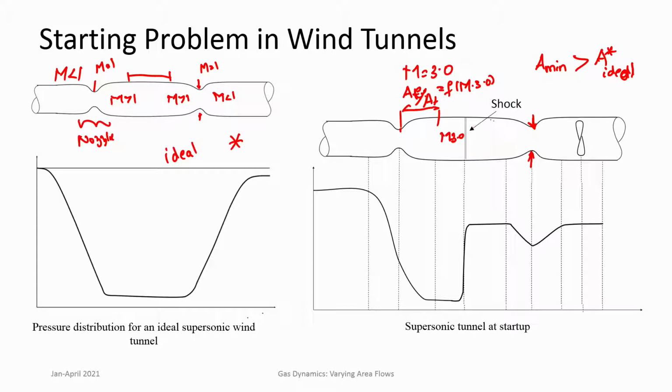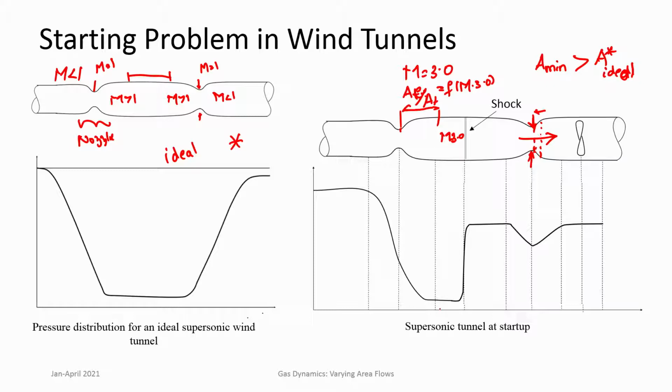That way this shock is able to be pulled out of the test section. It can either stand somewhere in the diverging passage or at the throat. The maximum possible upstream direction that the shock can take is at the throat.